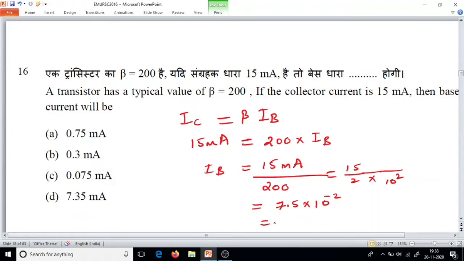So which equal to 0.075 milliamps. So this is the answer. Option C.